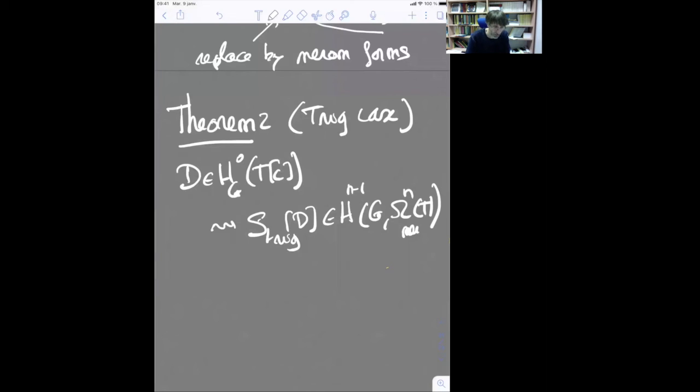And which is canonically defined modulo the regular forms.